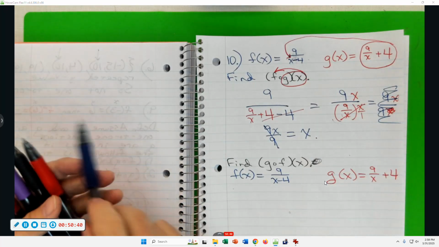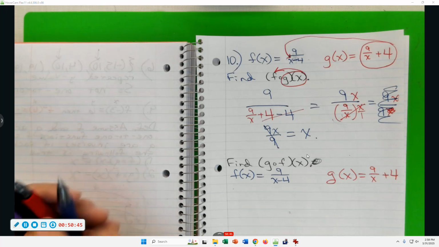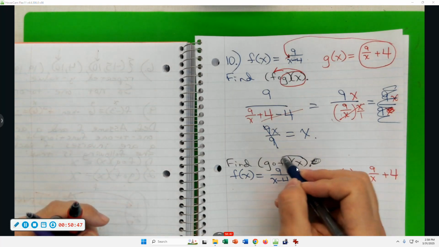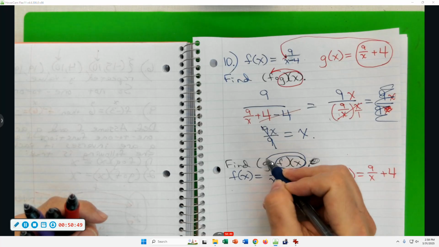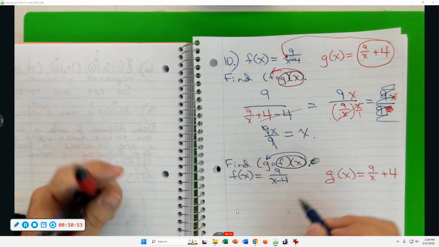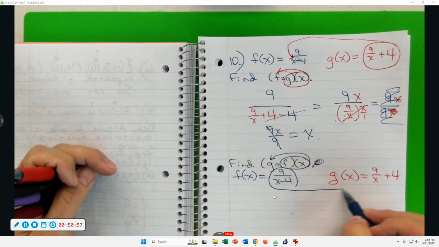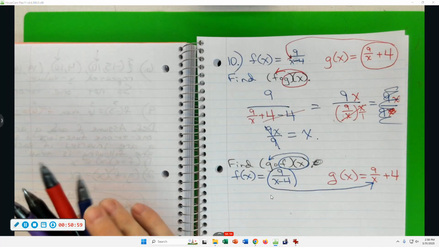We're going in the opposite direction now. We're taking f of x and plugging it into g. So here's f of x, we're going to plug it in to g.